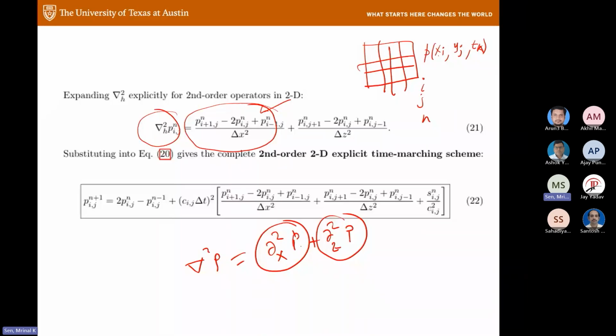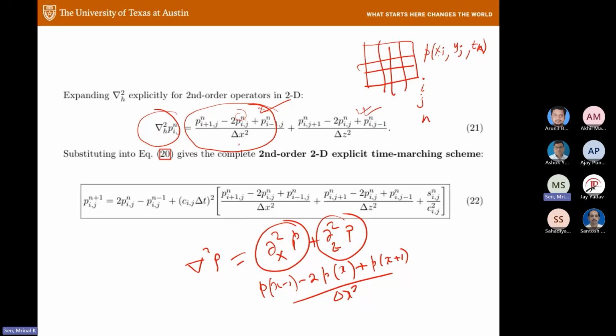So I can write this del x squared p as p x minus 1 minus 2 times p x plus p x plus 1 divided by del x squared, right? Now here, if I write it in discretized form, then this becomes your ij, and I'm writing the time index as n as a suffix. So this is the second derivative operator for x variable. This is the second derivative operator for the z variable.